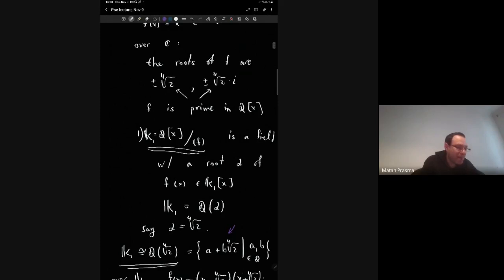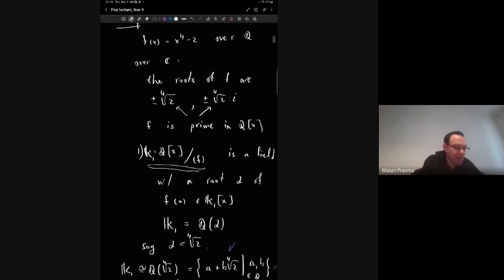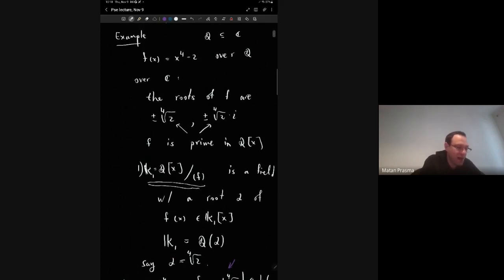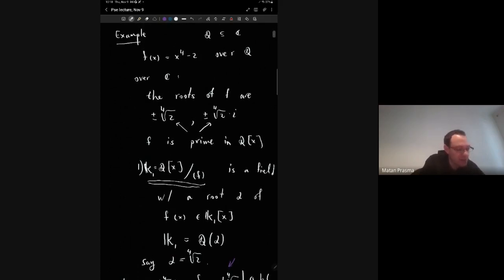So this example is simplified intentionally. I know in advance what the roots are that I'm looking for, and that's why it's easier to explain. But the general construction does not care about what you know in advance. You simply mod out by a prime polynomial. You're guaranteed to have at least one root after you mod out by this prime polynomial.